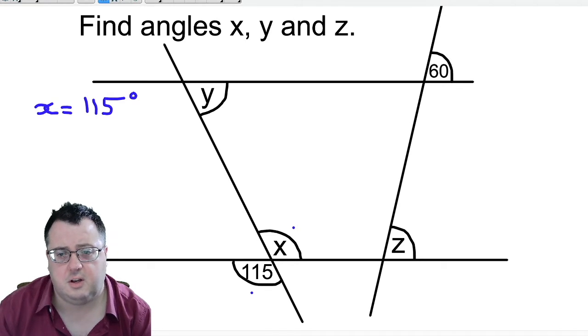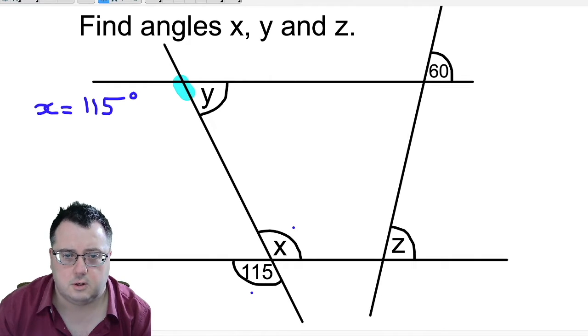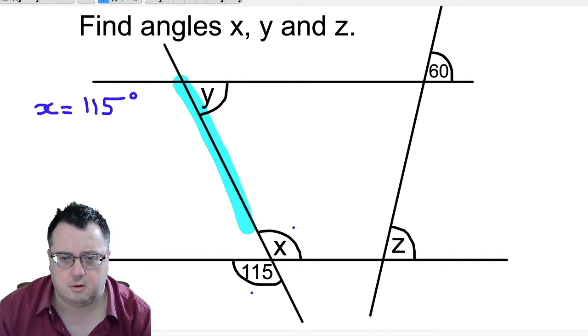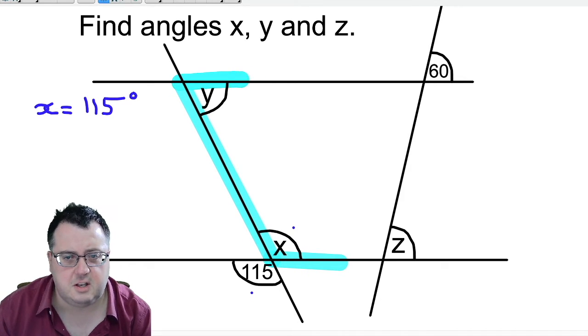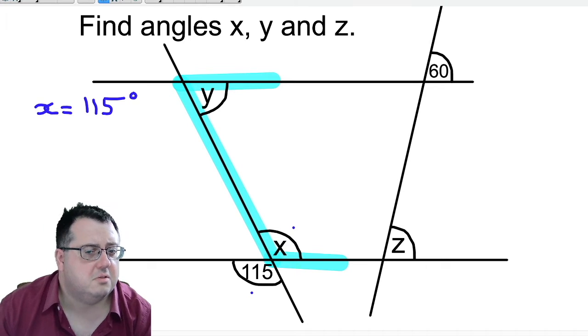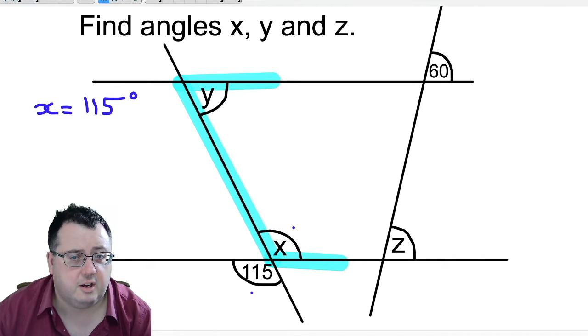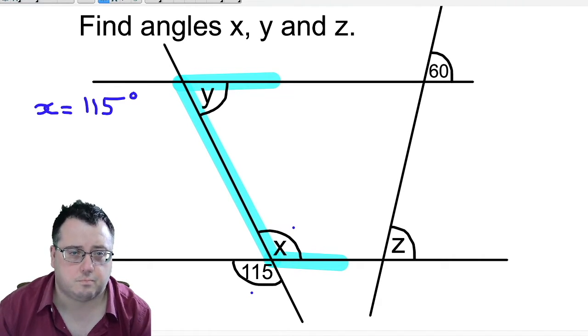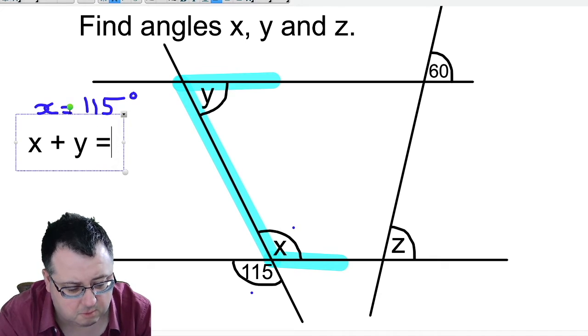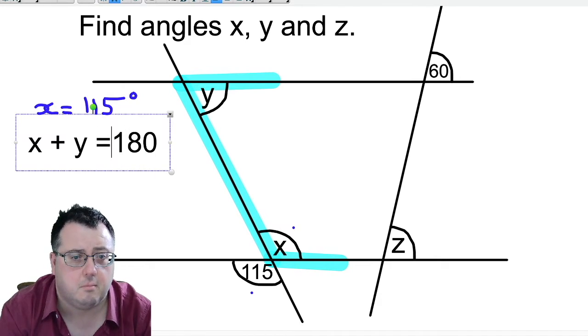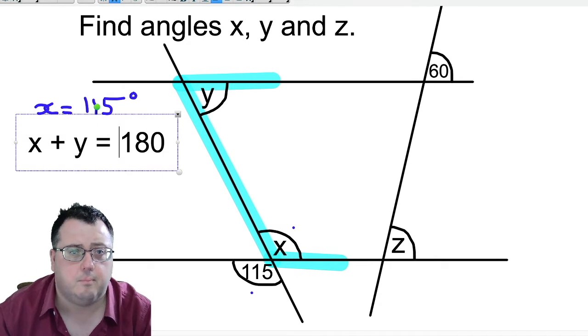Next, let's have a look at y. Well, can we see what we've got here? This is a C. So C angles are known as co-interior or allied, which means x plus y equals 180. Okay.